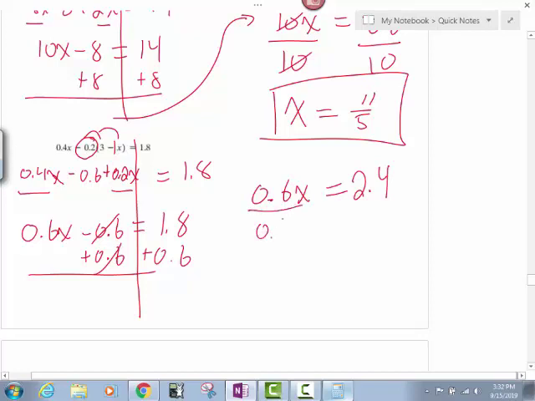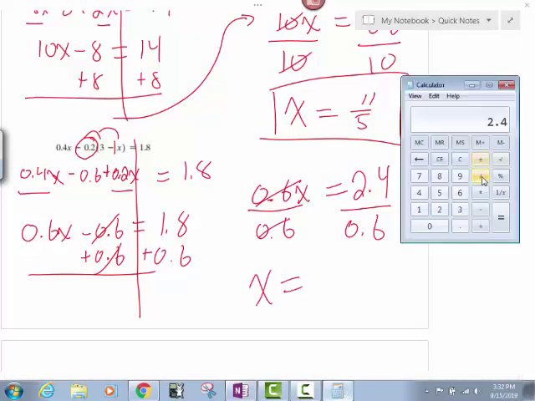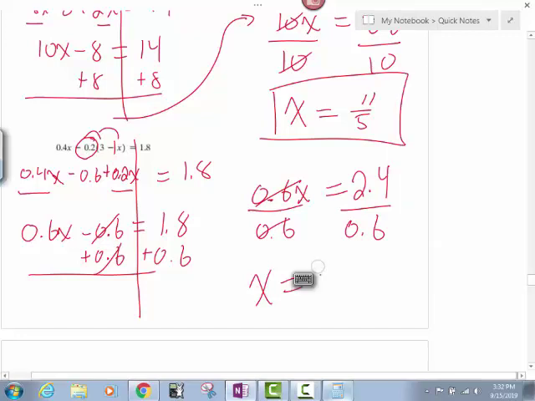Finally, we divide both sides by 0.6. And so if I take my calculator one last time, 2.4 divided by 0.6, there we go, equals 4. And that, guys, right there is 2.3.